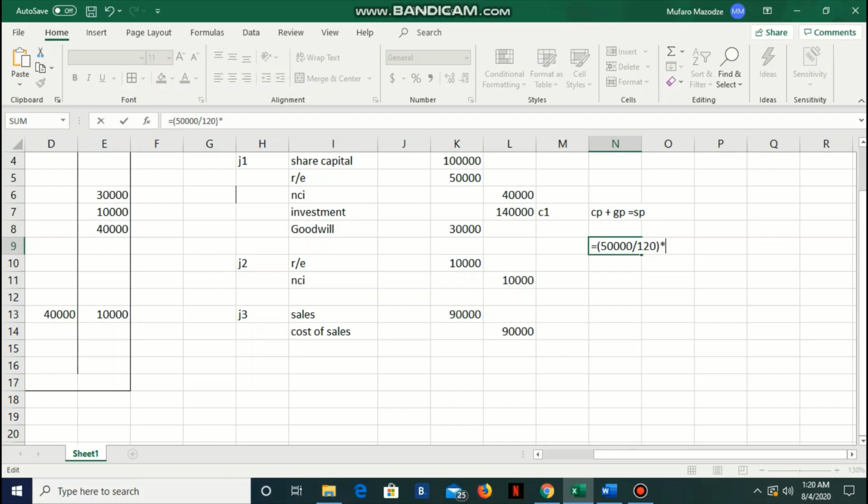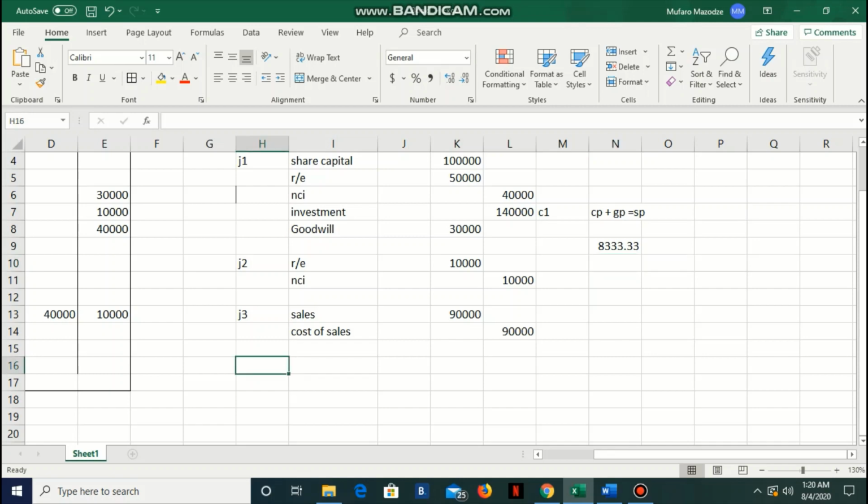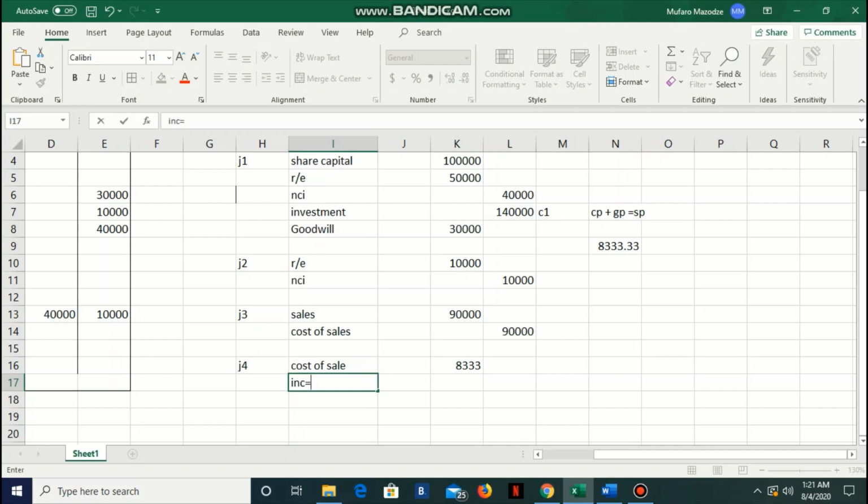And multiply this by 20, and that gives us this amount. So you already have journal 4, which is going to be debit cost of sales with 833 and credit inventory with 833.